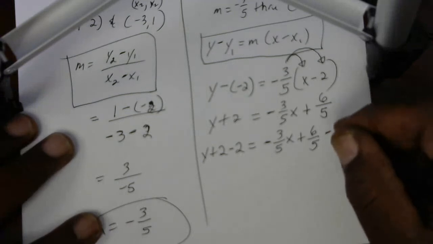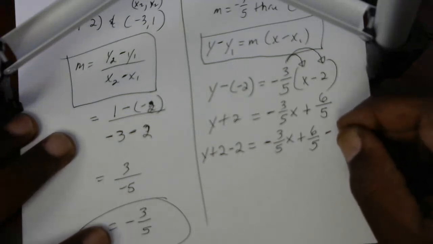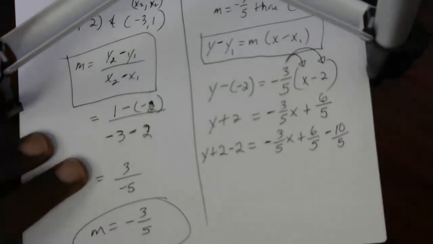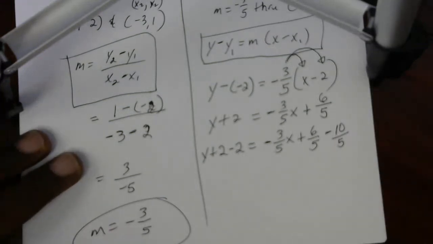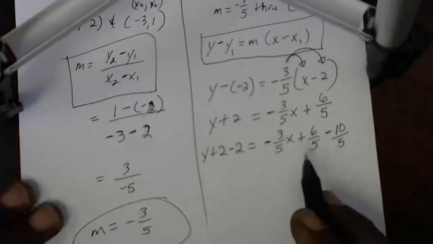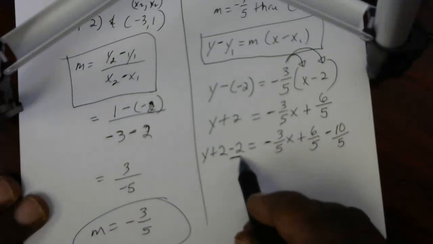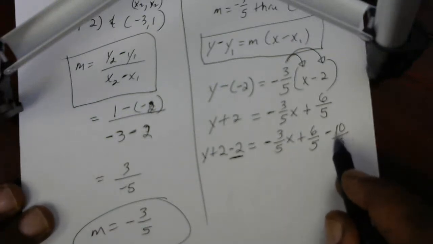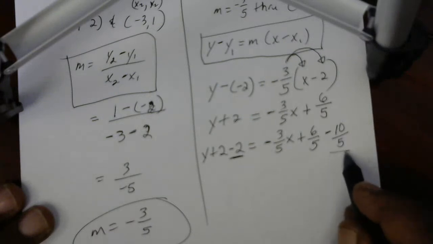So on the right-hand side, I have a -10 divided by 5, which in fact is a -2. I'm doing the same thing to both sides. I'm subtracting 2 from this side, and I'm also subtracting 2 from this side.